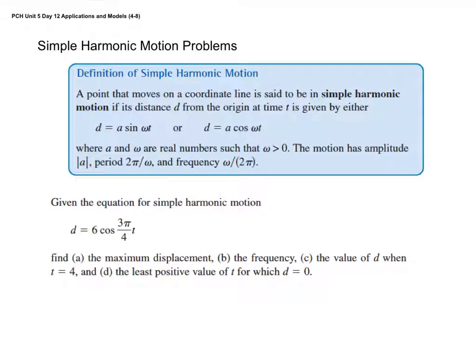What this is designed to do, guys, is to model a situation where we have something and we always just put that thing at 0, and we have something that's moving up and down and up and down around that zero. That's simple harmonic motion.